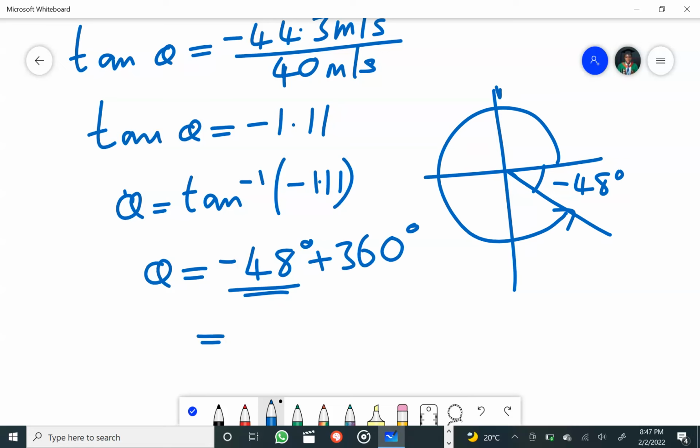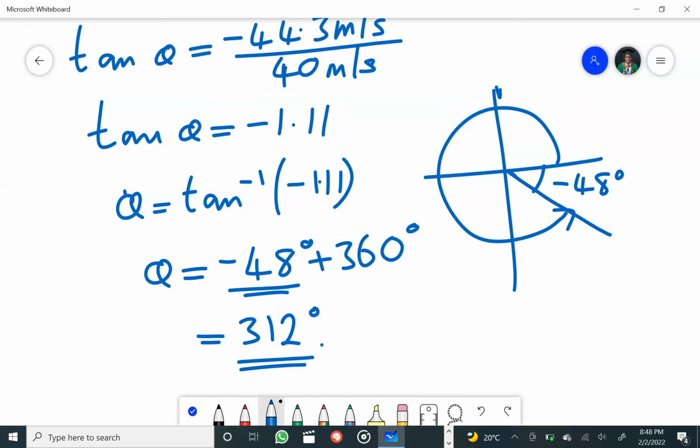So my angle is going to be 360 minus 48, right? So that's going to be 312. Okay, so that's the answer.